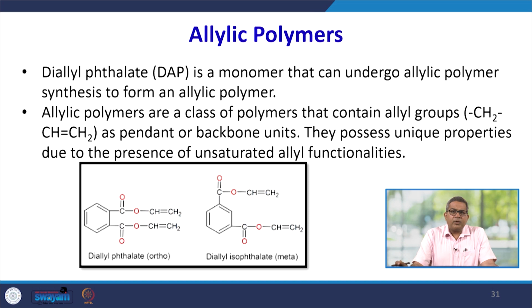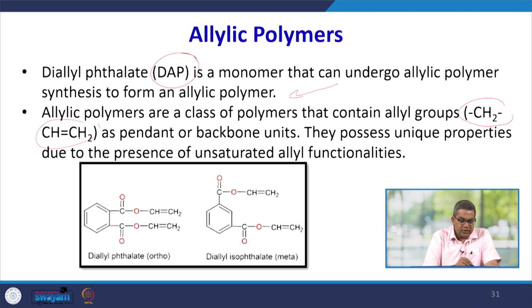Now, let's talk about the allylic polymers. Diallyl phthalate (DAP) is a monomer that can undergo allylic polymerization to form allylic polymers. These allylic polymers are a class of polymers that contain the allyl group, that is CH2=CH-CH2, as a pendant or backbone unit. They possess unique properties due to the presence of unsaturated allyl functionalities.